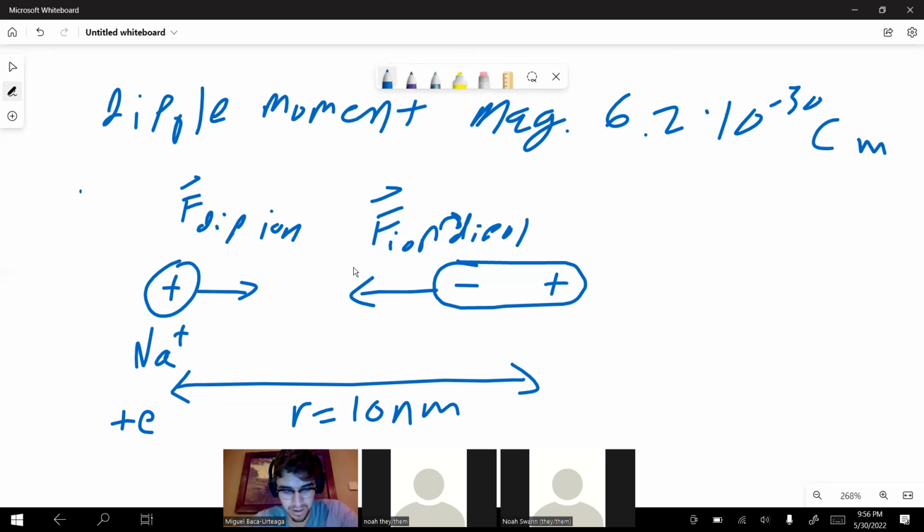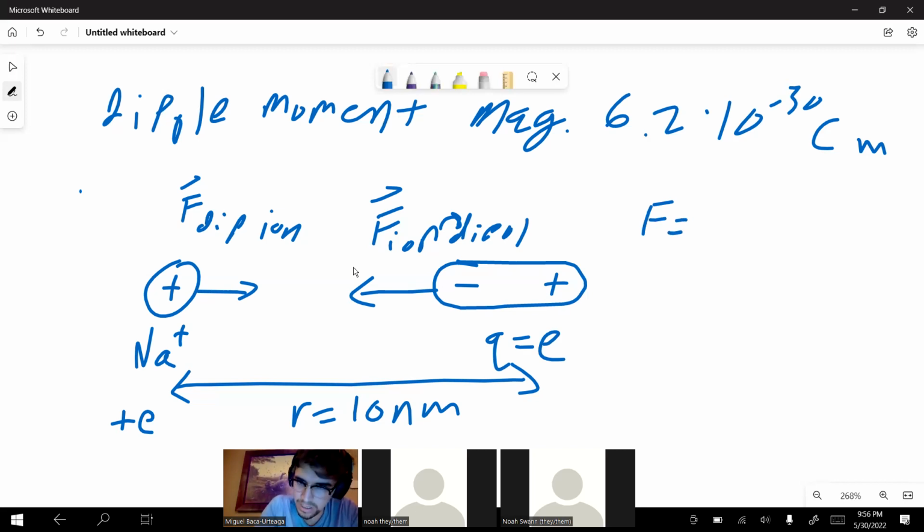An ion of charge Q equals e, so the charge of this one is e, will experience a force of magnitude as follows.